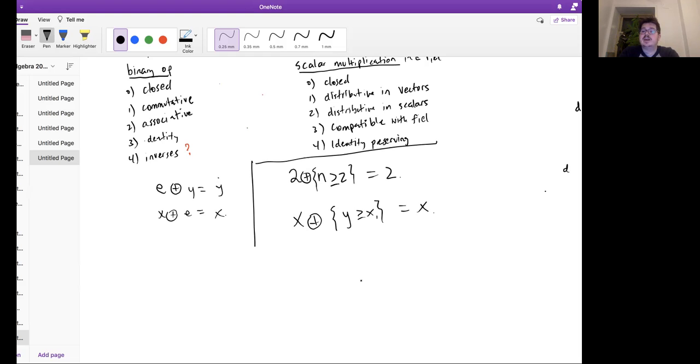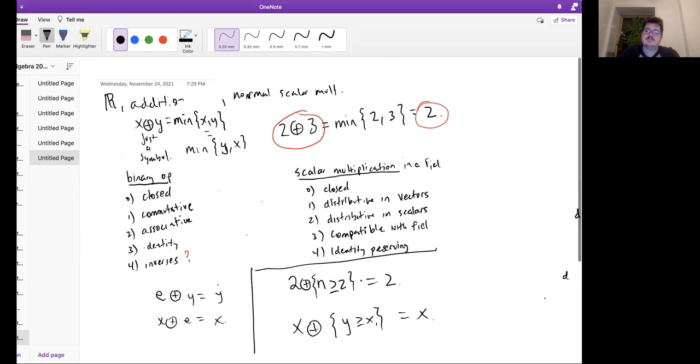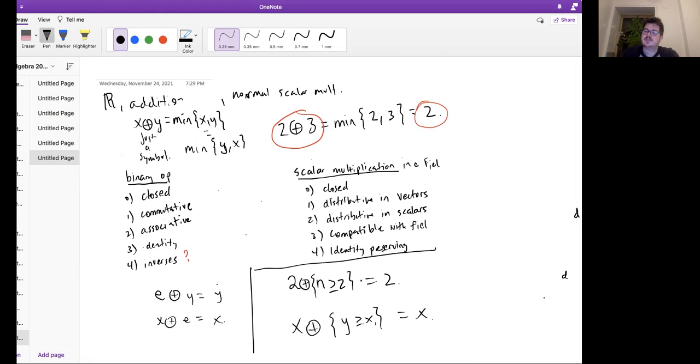Not x minus 1, because x minus 1 would just spit out x minus 1, since it takes the minimum of the two numbers. Yeah, x plus 1 would give you x back. So if you ever plug in a bigger number, you always get the original number back.